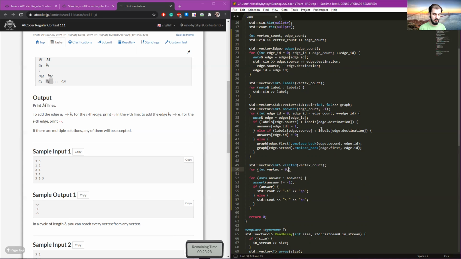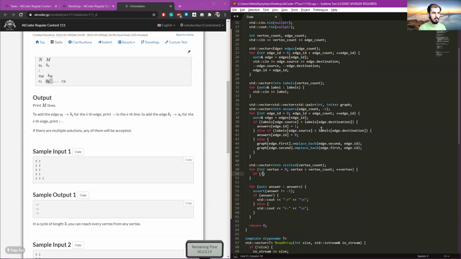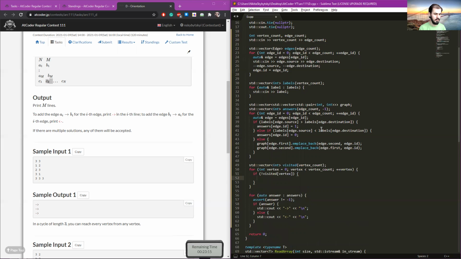Vertex equals 0, vertex most vertex count. Visited at vertex. DFS from graph, visited, edges. I believe we'll need them, and we'll also need answers.